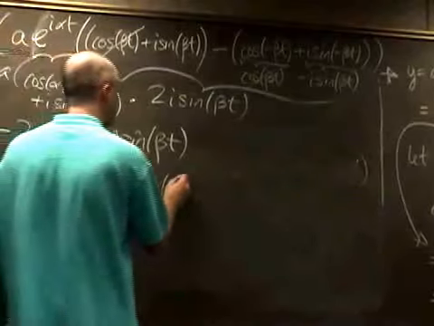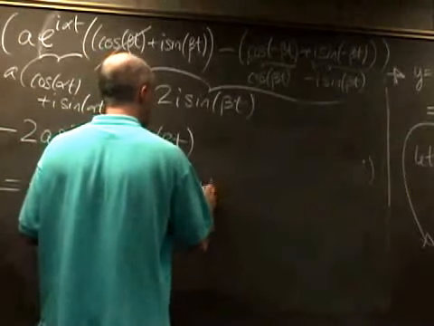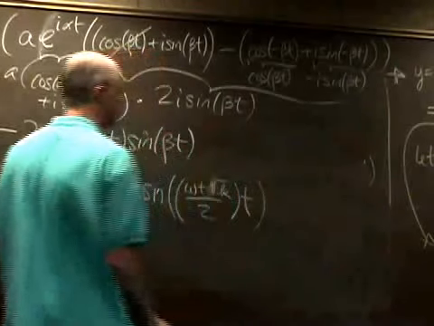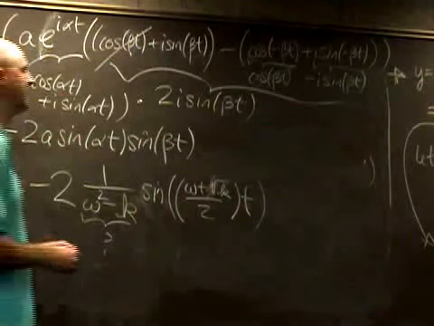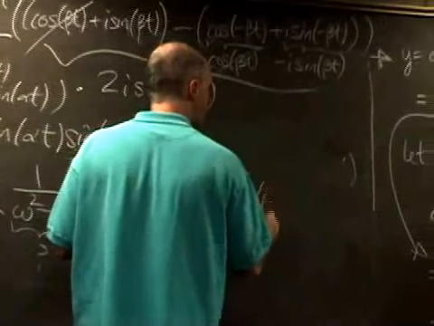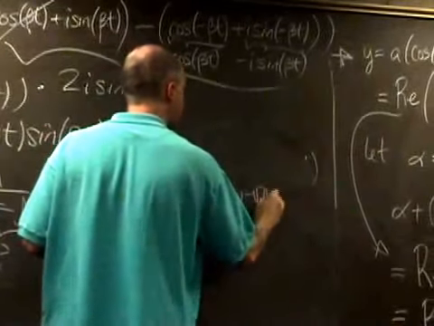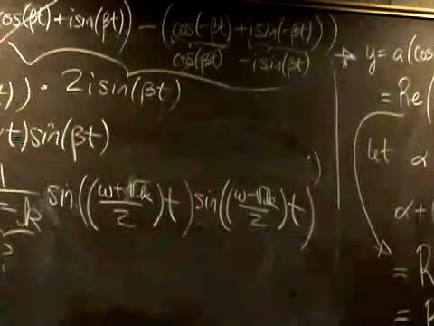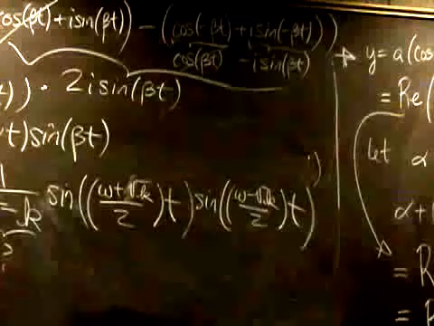Alpha was ω plus the square root of k over 2, and beta is ω minus the square root of k over 2. Now we do some thinking.